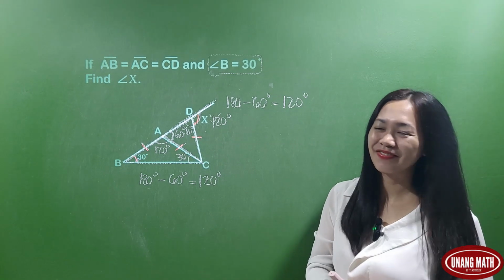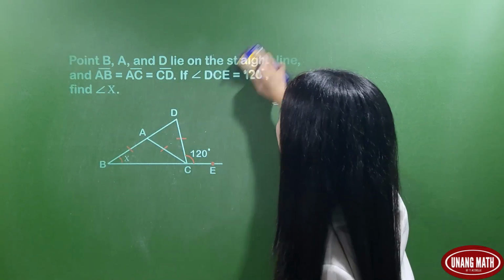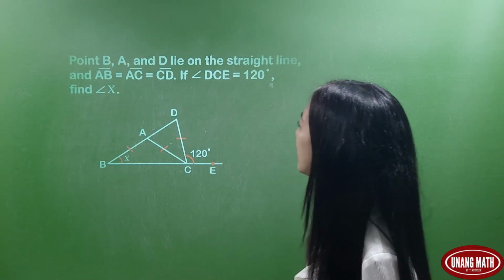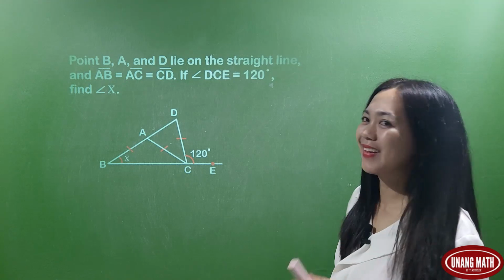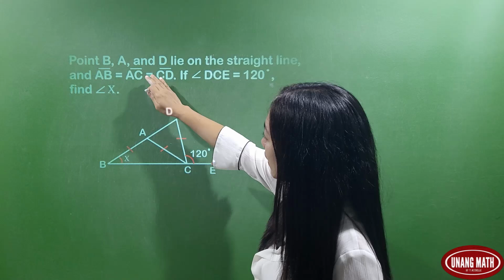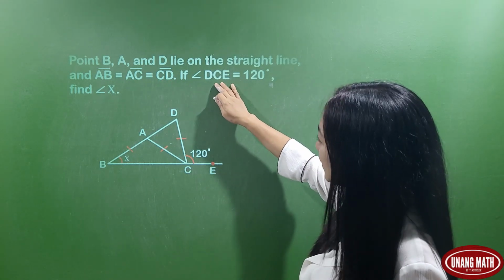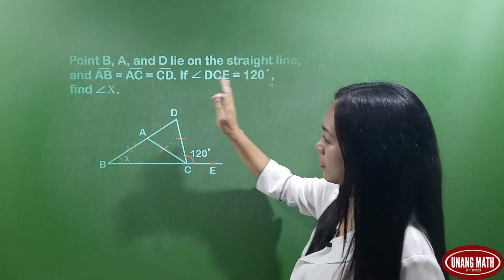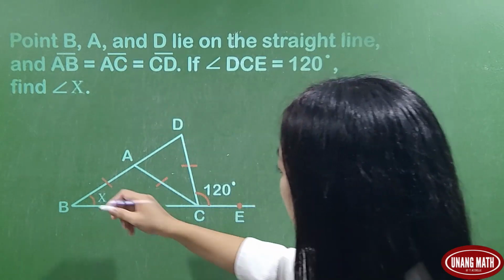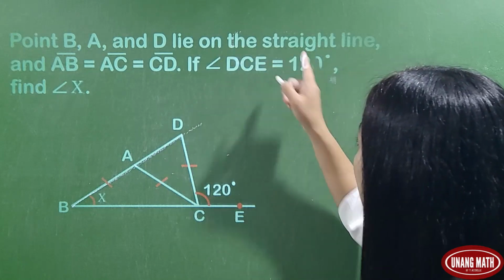Okay, for the last problem, according to this one, points B, A, and D lie on the straight line. And segment AB is equal to segment AC equals segment CD. If angle DCE is 120 degrees, we will find angle X. Okay, points BAD lie on the straight line.